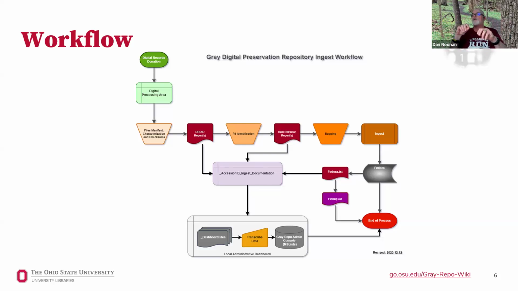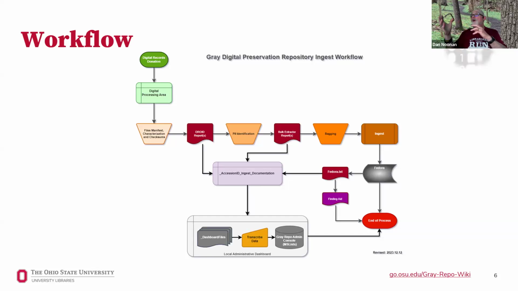We're going to start by doing the files manifest and characterization checksums using DROID. Those reports are going to be saved in a folder called accession ingest documentation, which is where we're aggregating that information that is going to go into the bag, but it's also going to go into our administrative dashboard.